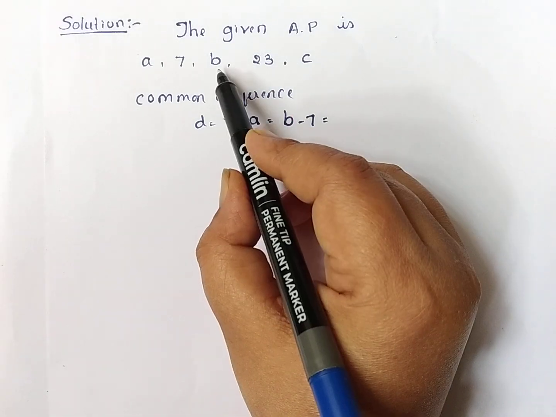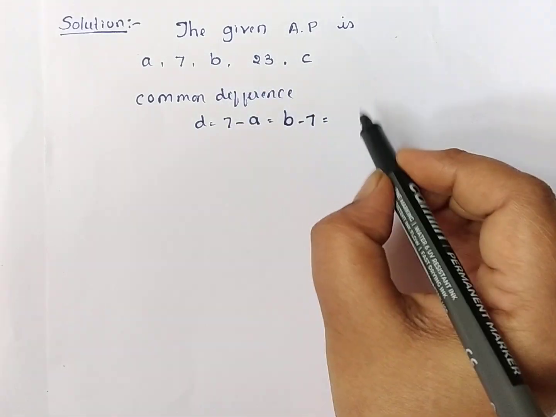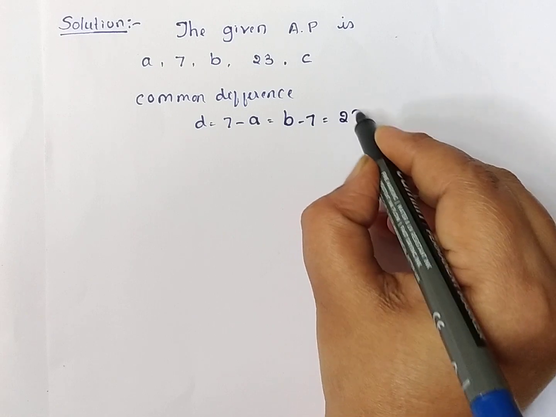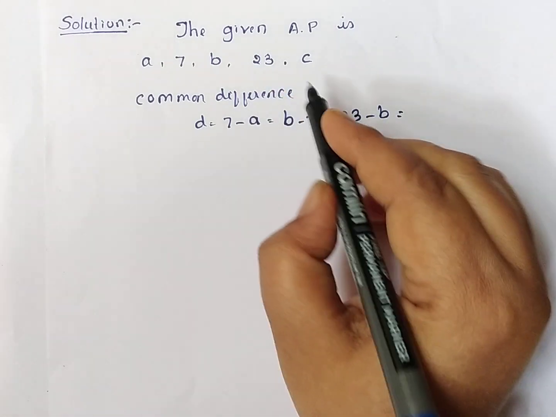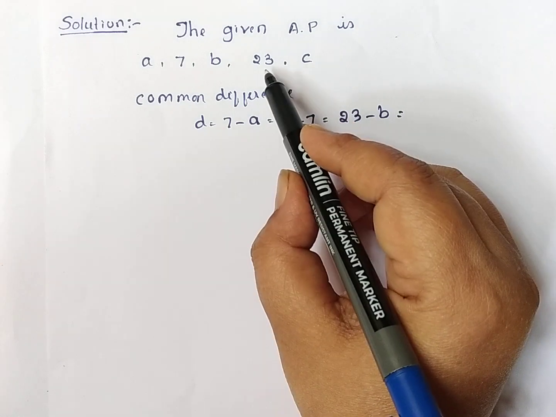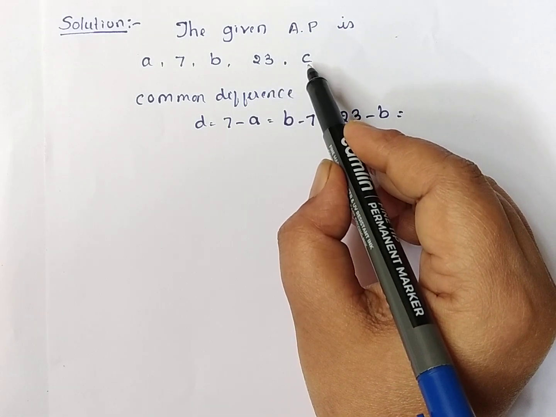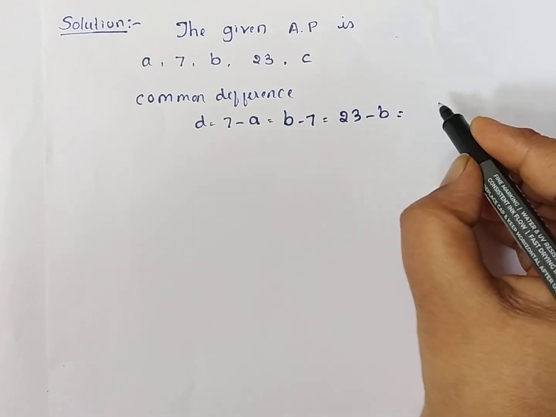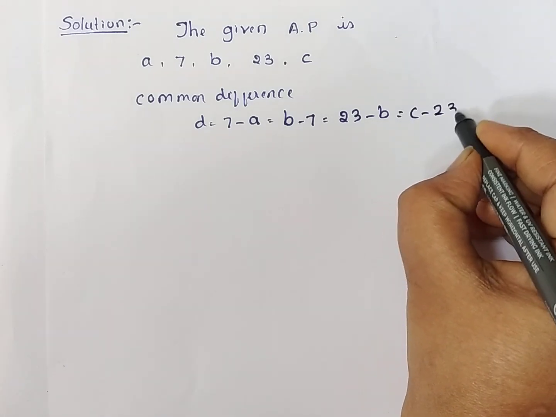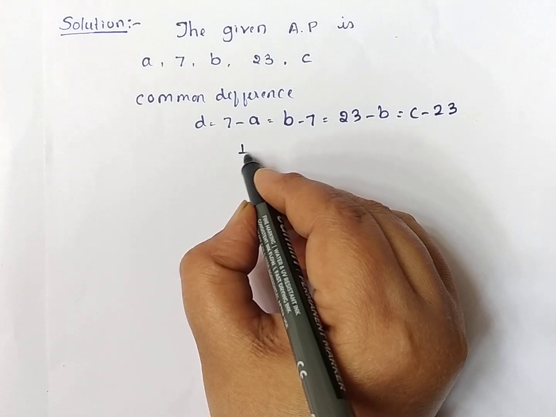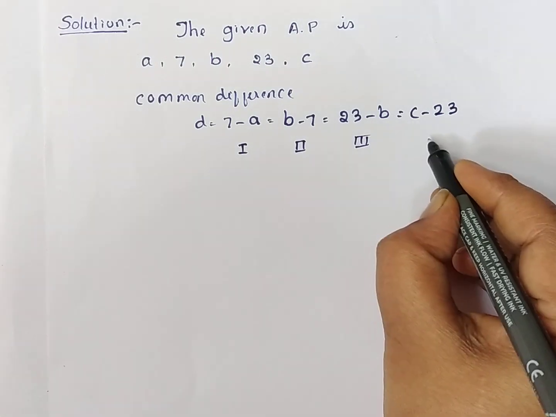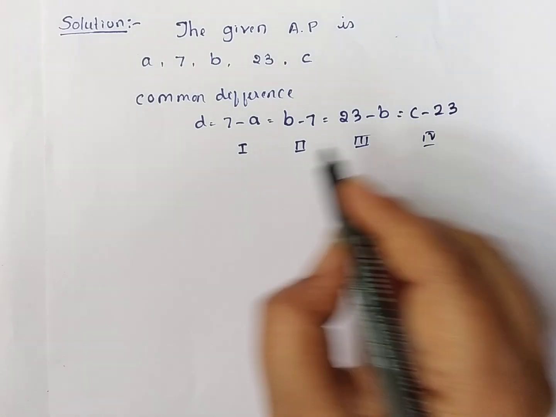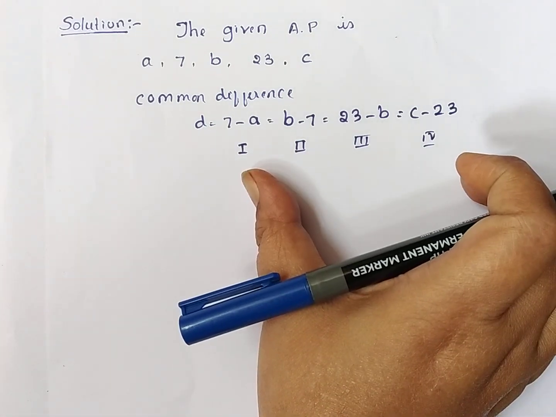Next, a4 minus a3, this common difference is also equal, that is 23 minus B. This is equal to a5 minus a4, that is the fifth term minus the fourth term, that is C minus 23. Suppose this is the first common difference, this is the second, this is the third and this is the fourth difference, meaning all four are equal.